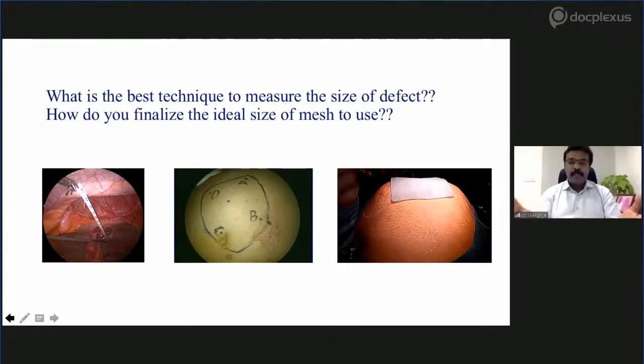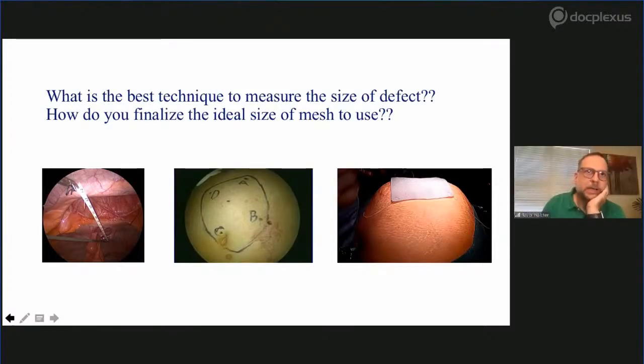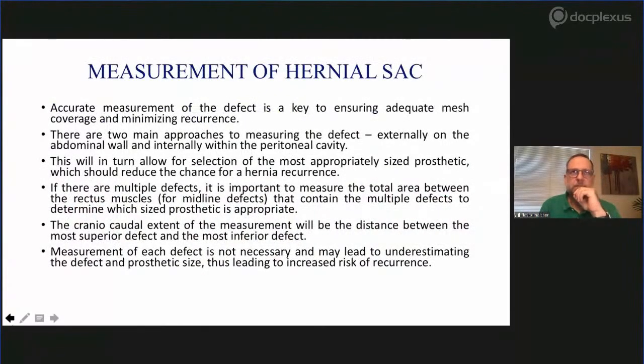Dr. Flavio, I saw you using a scale inside, the internal measurement. Any other opinion from you, sir? Yes, I routinely use an intracorporeal ruler to make the measurement from the intracorporeal aspect. I really don't trust the extracorporeal measurement.